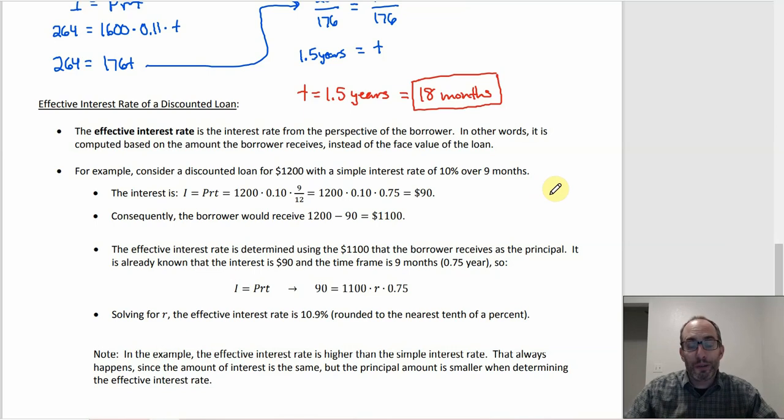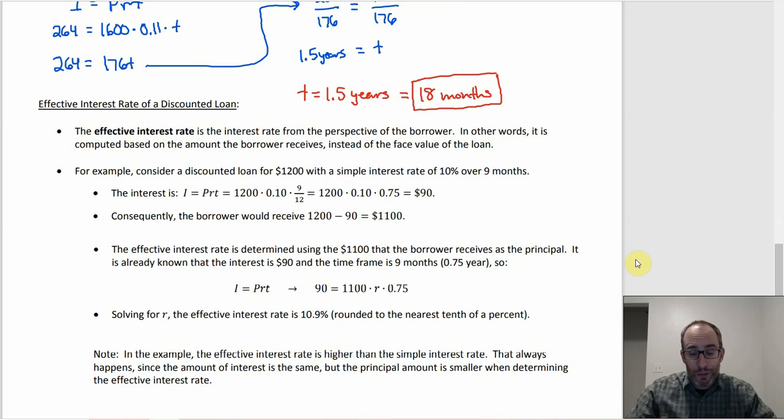So then what's the effective interest rate? Well, that's determined, at least in this case, using the 1,100 as the principal, since it's from the perspective of the borrower, right? And that's the amount that they get. And then eventually they have to pay the full 1,200. So it's already known what the interest is. It's $90. And we know that the time frame is 9 months, or in years, 0.75 of a year. So if we take the interest formula and sub in, we know I is 90.